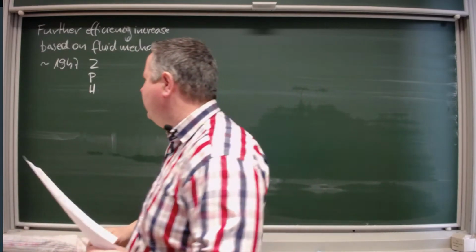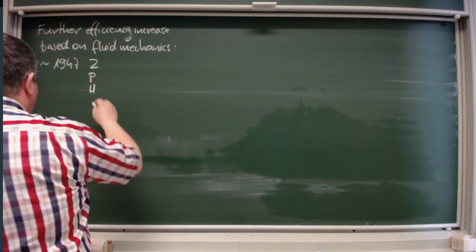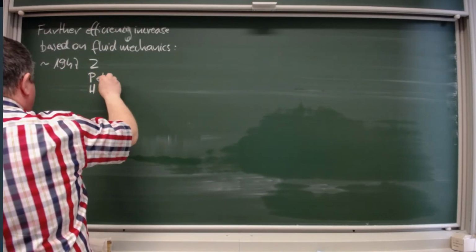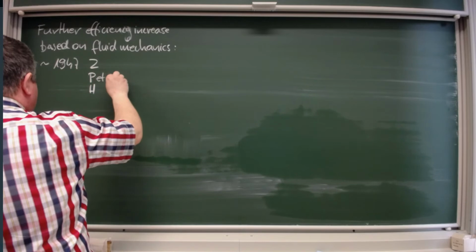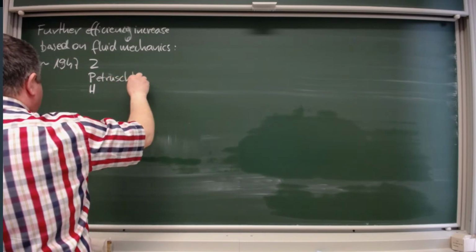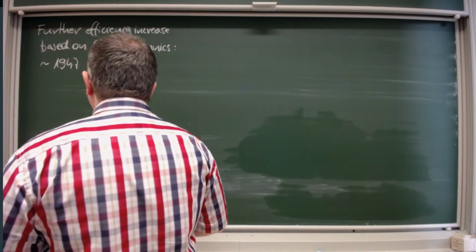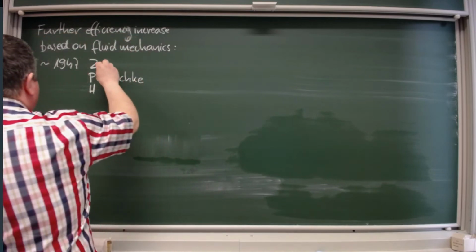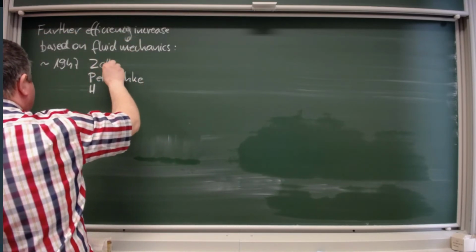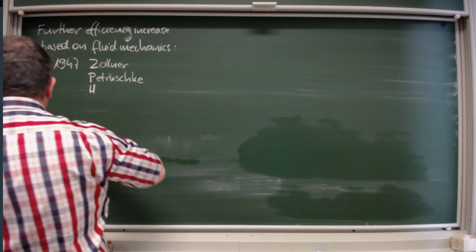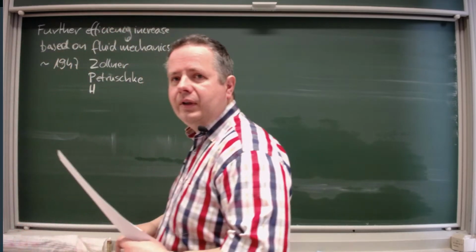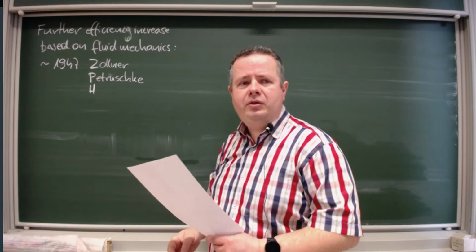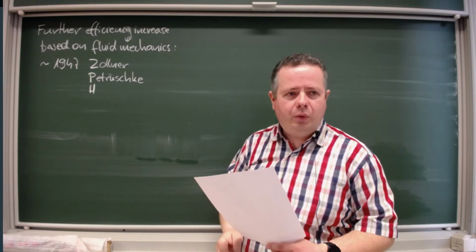And the name was, P was Petrushka. The Z was, I don't know which one, maybe something like Zollner. And the H was the third guy. And they all were related to the rocket industry during the war.